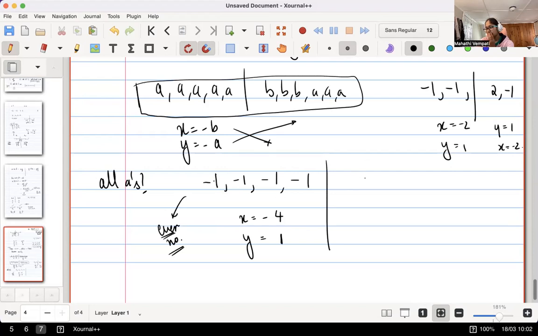And now you need 4 guys whose sum is 1 and product is minus 4. So that's 4, minus 1, minus 1, minus 1. Oh my god, is this the only option?